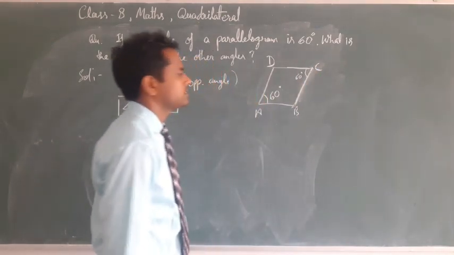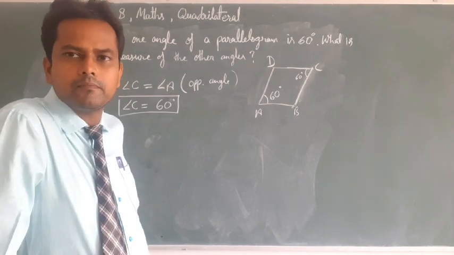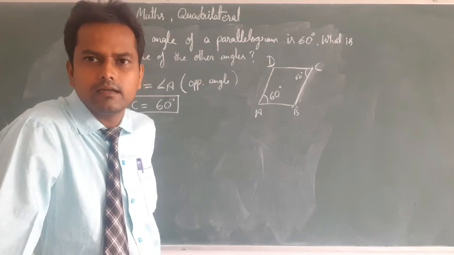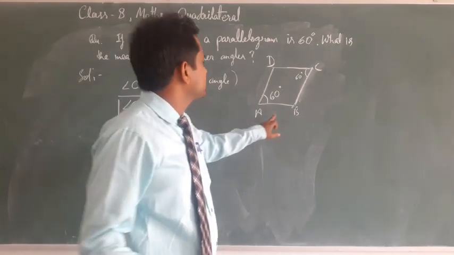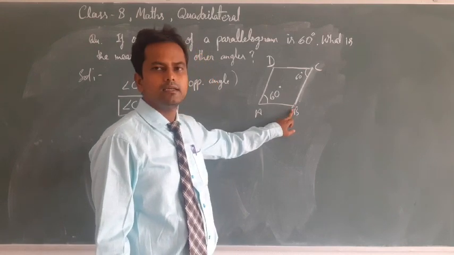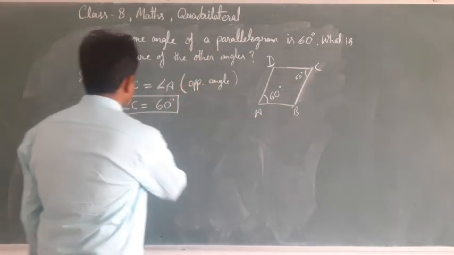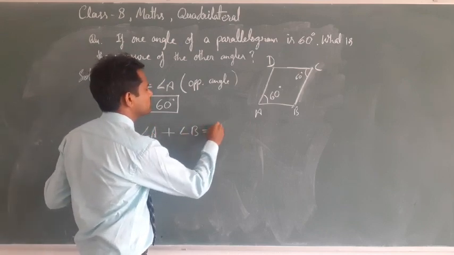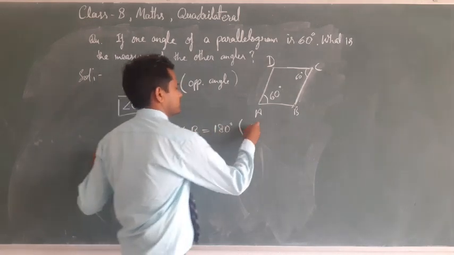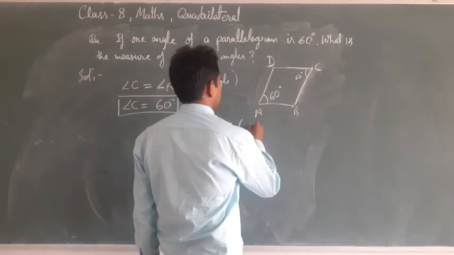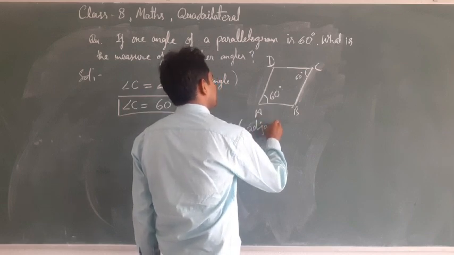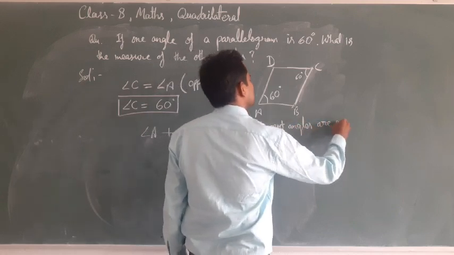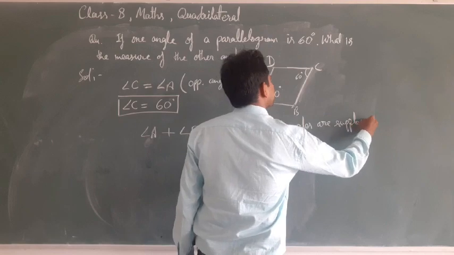Now we know that in a parallelogram the sum of adjacent angles is supplementary. What does it mean? It means the adjacent angle of B is A. So the sum of adjacent angles, it means angle A plus angle B is equal to 180 degrees. Reason: adjacent angles are supplementary.